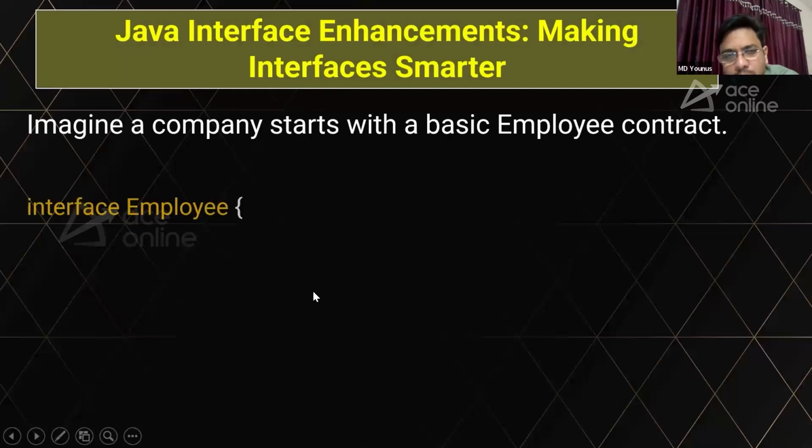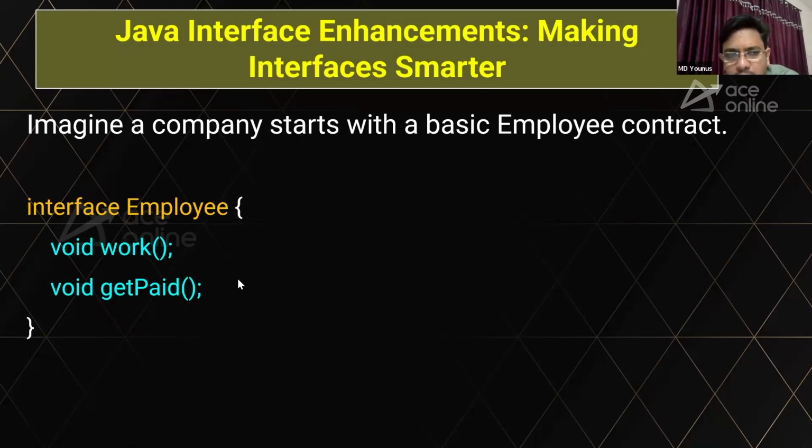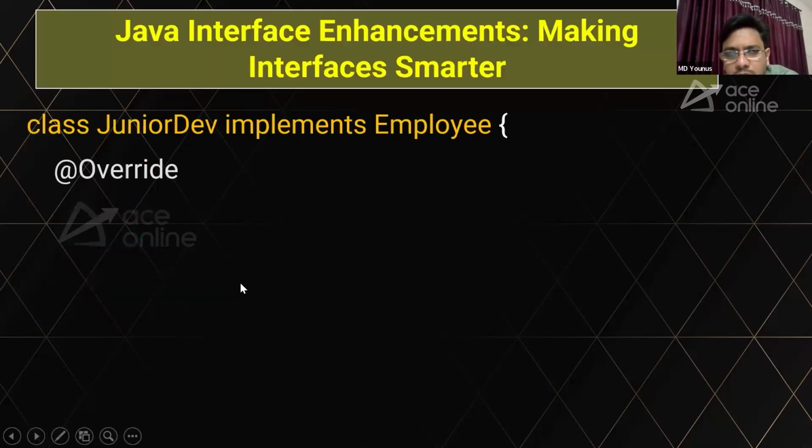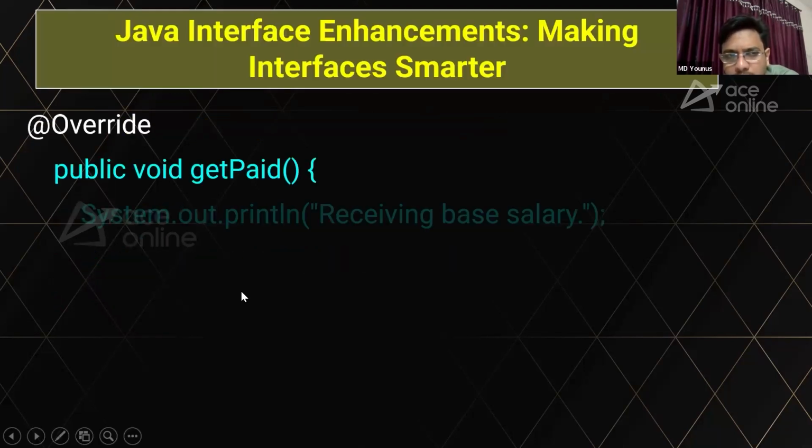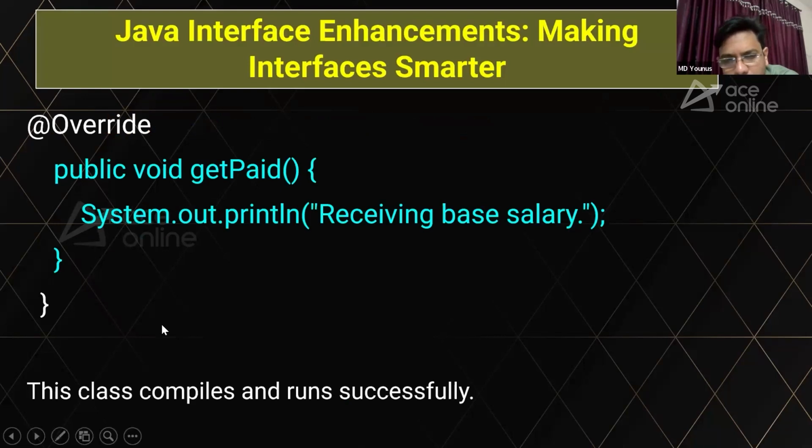Let's say we created an employee class with a work method and get paid method. And then we implemented many classes from here. Let's say we implemented a junior developer class where it overrides this work method and the get paid method and all. So this program works fine, compiles fine, runs successfully, perfect.